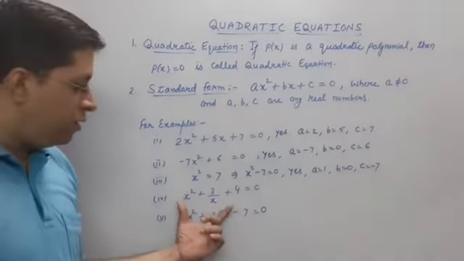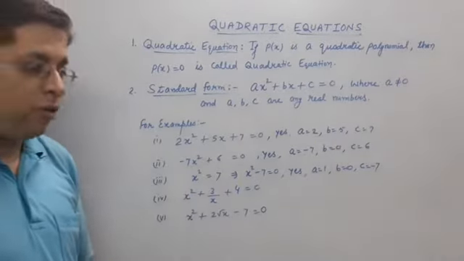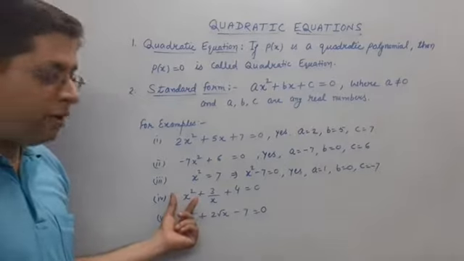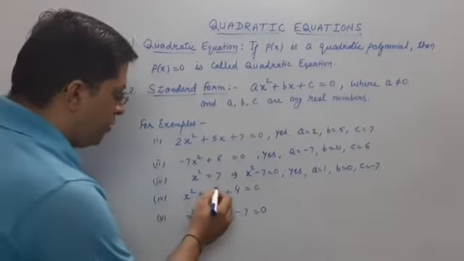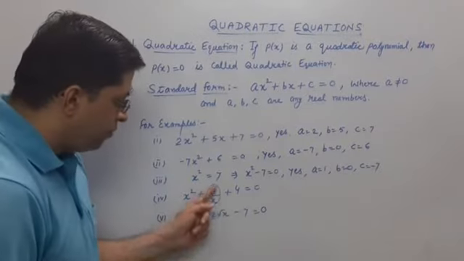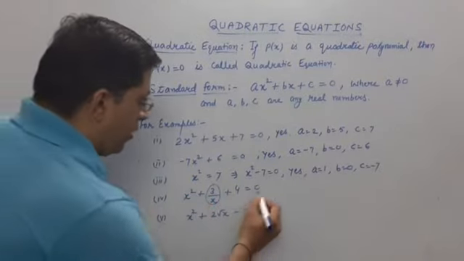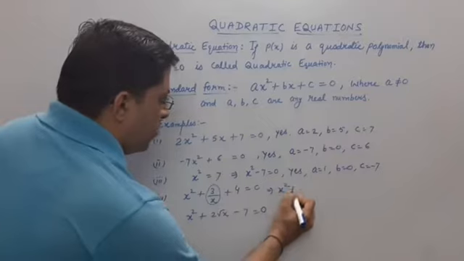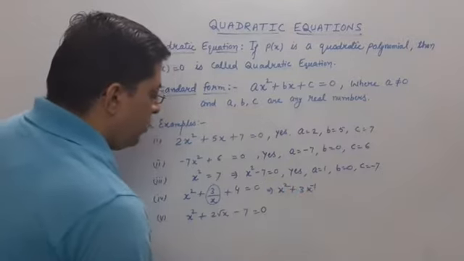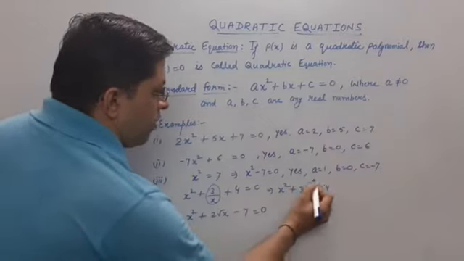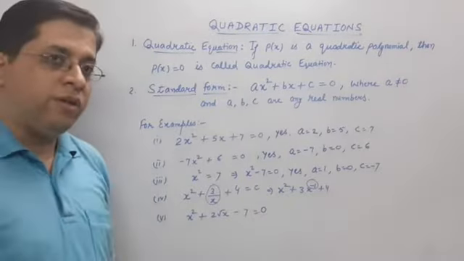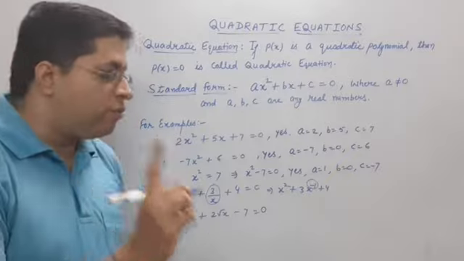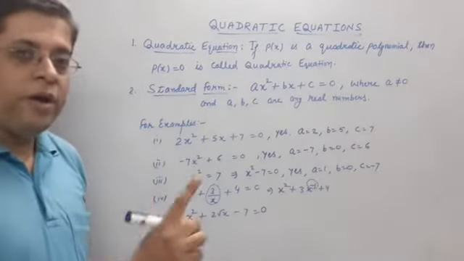First of all, you check whether this is a quadratic equation or not. This is x square, it is okay. Here x power minus 1. Here 3 upon x is coming. If I write it like this, x square plus 3, x power minus 1 is coming. The power is coming negative, or the power will come in fraction. Then it will not be a quadratic polynomial.